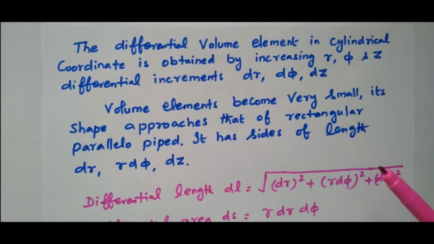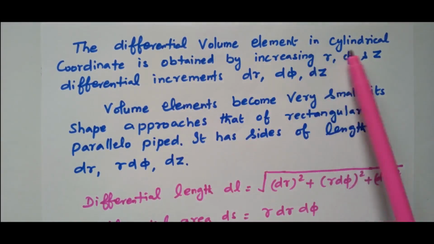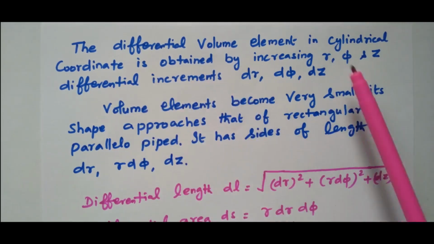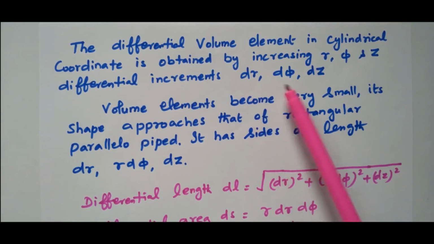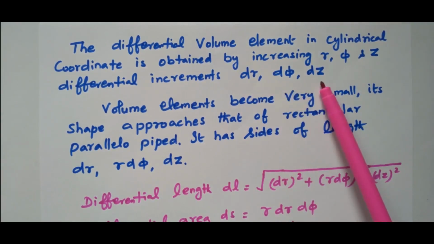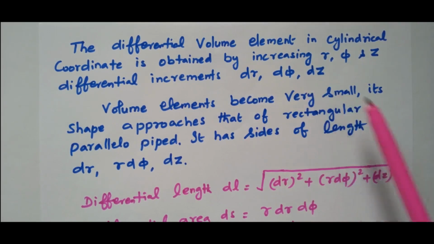Now in order to find the differential length, area and volume, we consider the differential volume element in the cylindrical coordinate system by increasing r, phi, z into dr, d phi, dz, right?